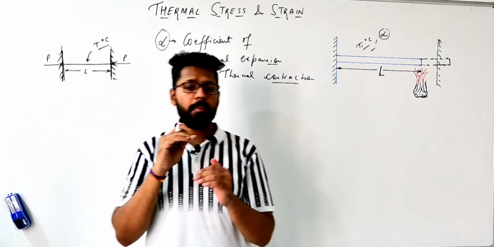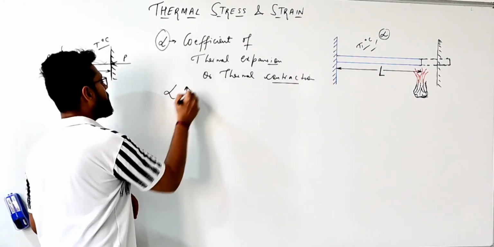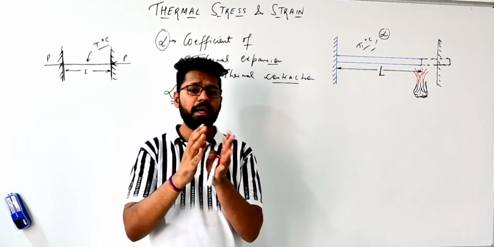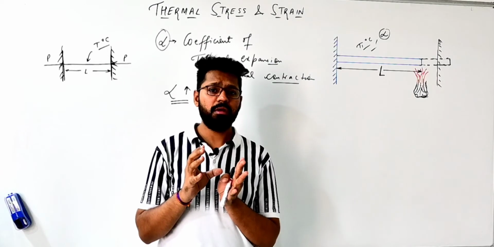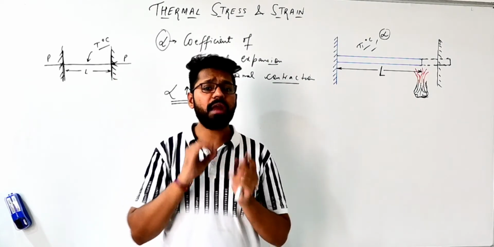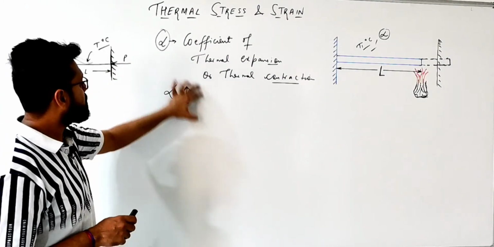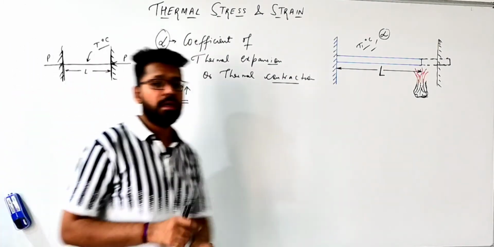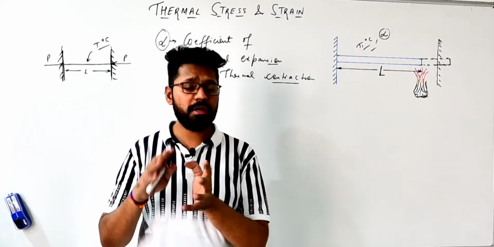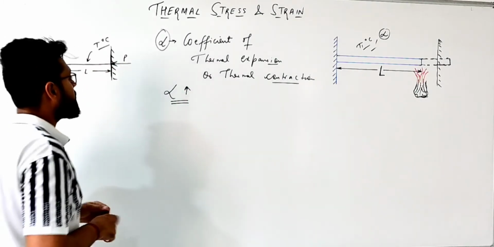If alpha is more, then if we heat, the material will expand more, and if we cool, the material will contract more. So those materials which have a higher coefficient of thermal expansion are very sensitive to temperature variation or temperature difference. So alpha is our coefficient of thermal expansion.